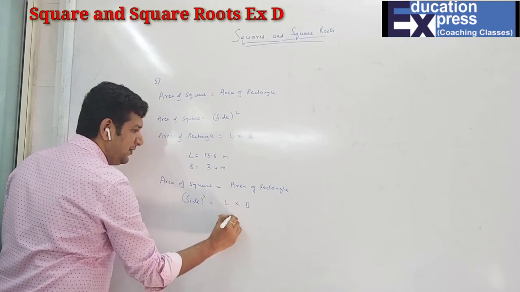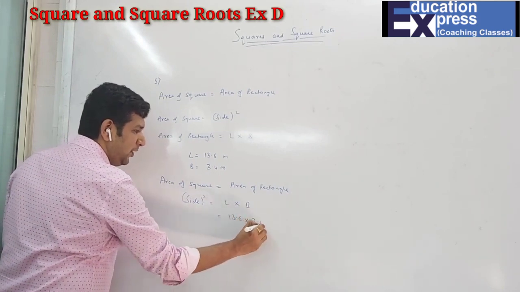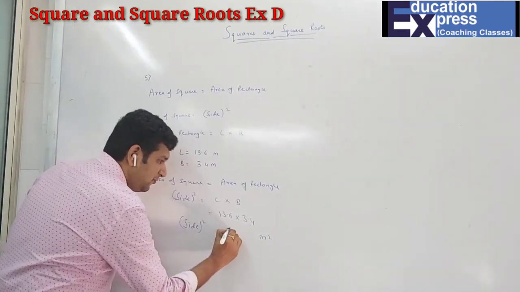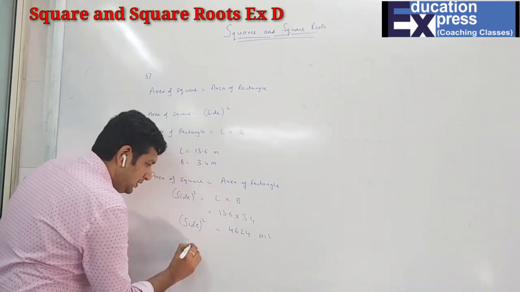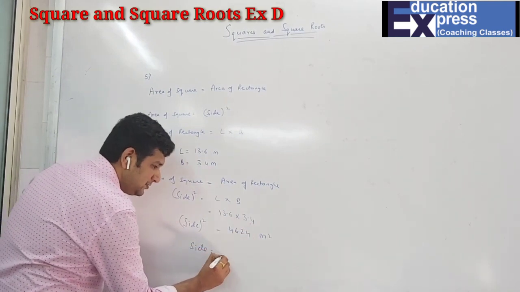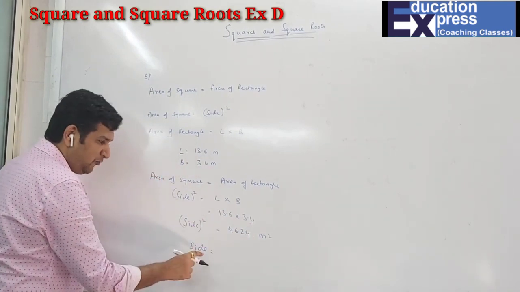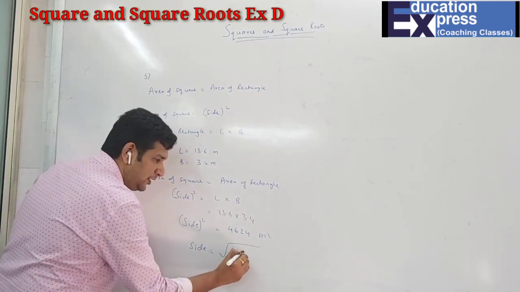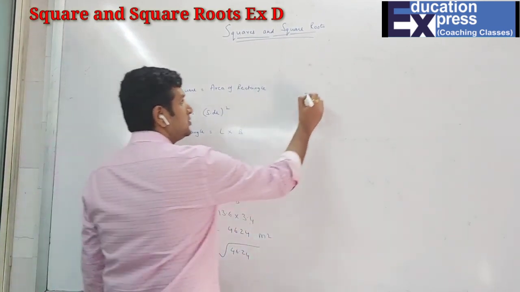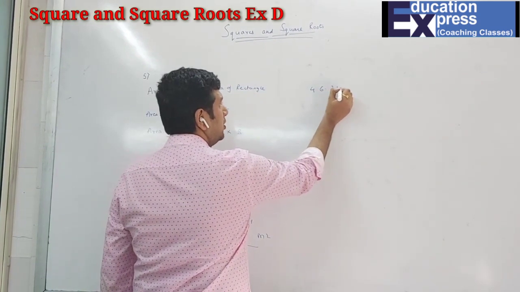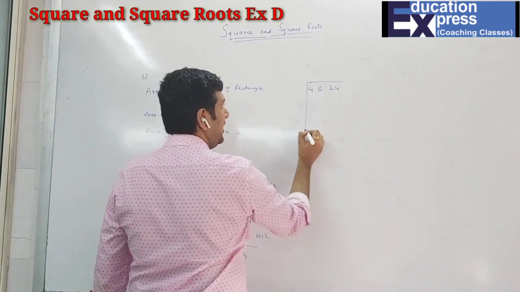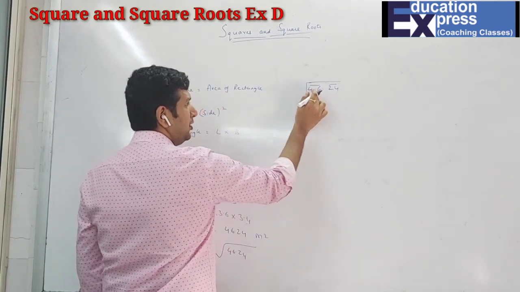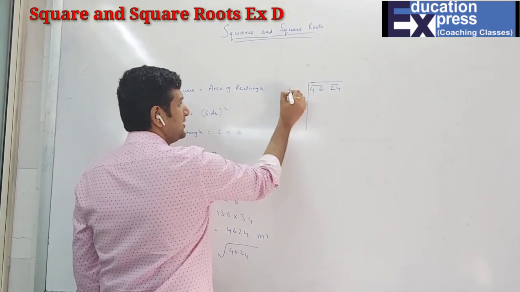When length is available as 13.6 into 3.4, I'll multiply this and the answer will be in meter square: 46.24. That means if I take the side, it's side square. If I want to find the side, obviously I have to take a root of 46.24. Now it's a normal sum. We already have after decimal only one pair, so that will be no problem at all. Now what square will come before 46? That is 6 6s are 36.